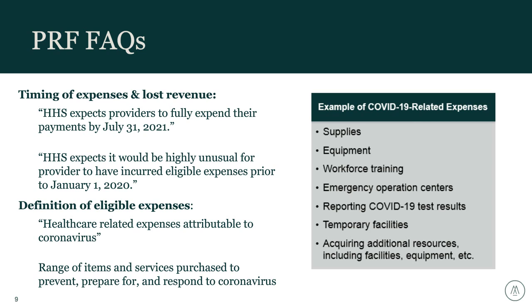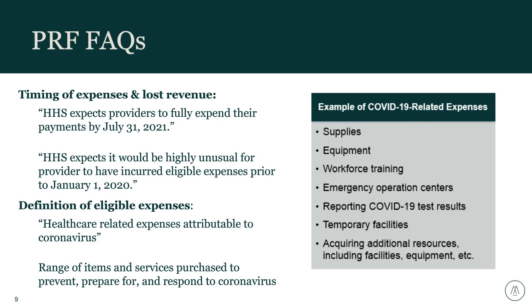So this bullet list here is what's listed in the FAQs. These are examples. You've got your payroll, employee health insurance, rent or mortgage, or in some cases that might be a bond payment, equipment lease payments, and EHR vendor fees, licensing fees, kind of your normal operating expenses.